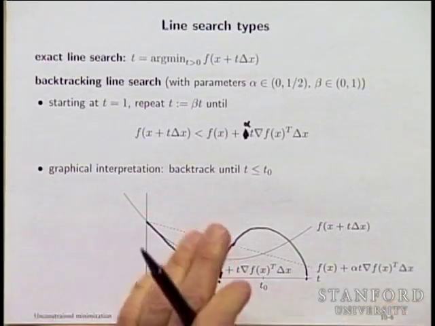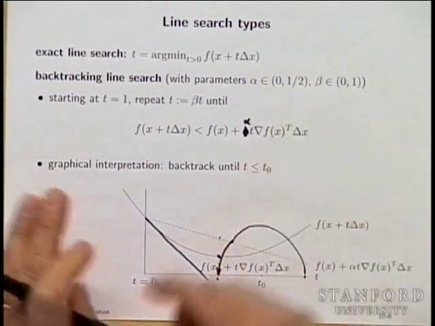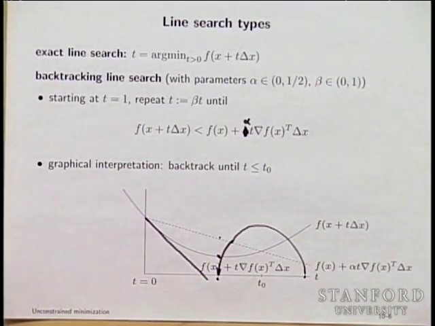Now this is incredibly crude, and with things like beta equals 0.1, it's embarrassingly crude. It basically says try step length of 1. If that doesn't work, try 0.1. Try 0.01. Try 0.001. I mean, you could hardly be said to be examining a variety of step lengths.